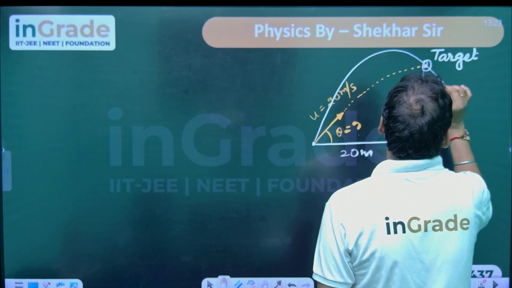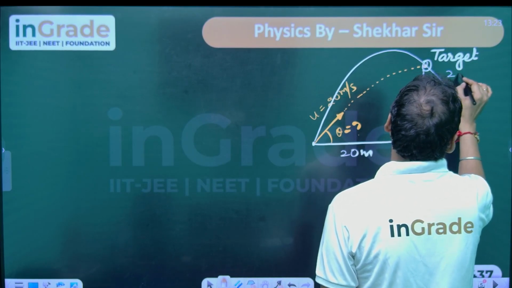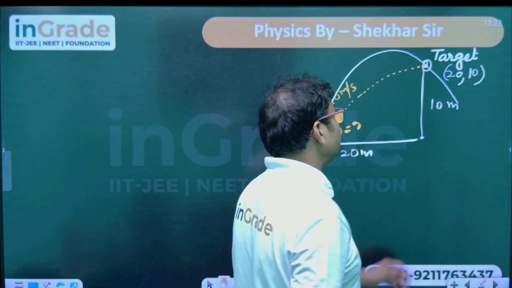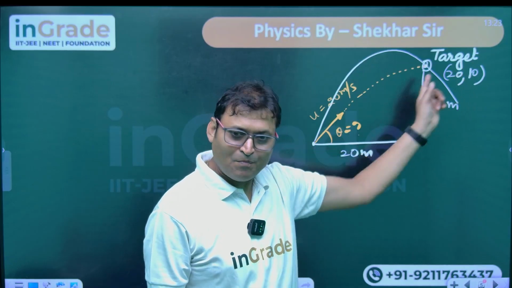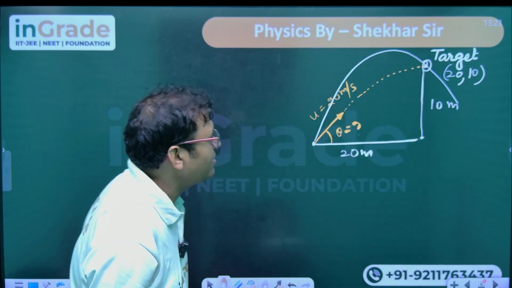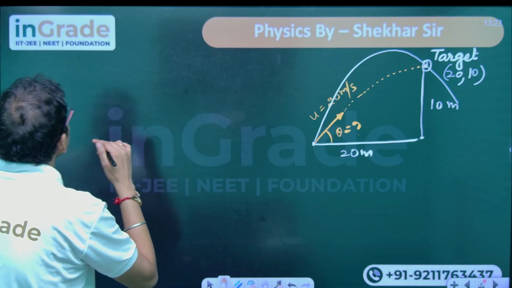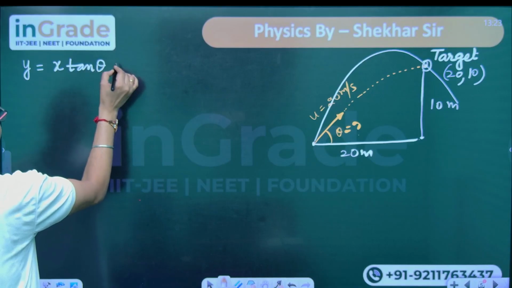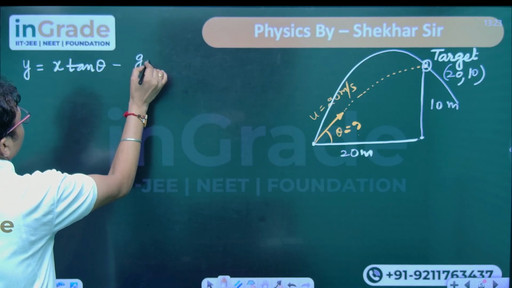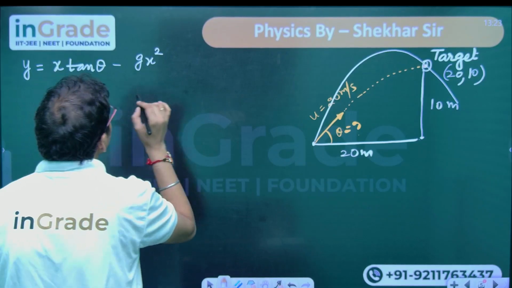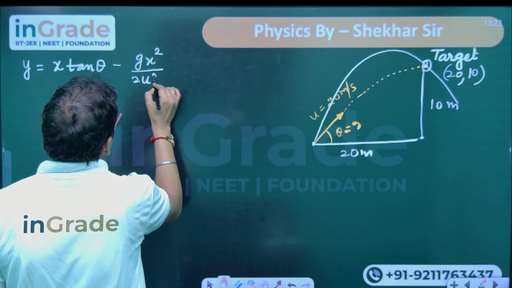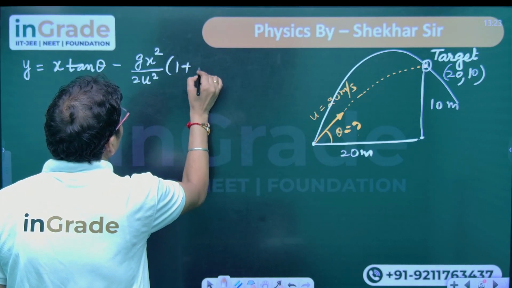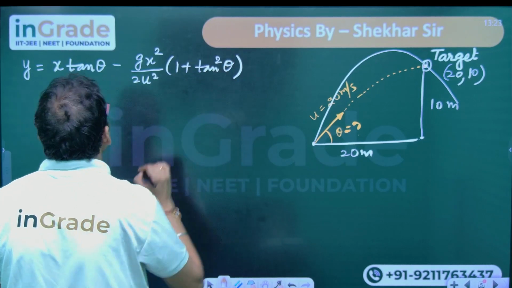Can we call this point to have the x coordinate as 20 and y coordinate as 10? This point (20, 10) must lie on the equation of the projectile motion. And what is the equation of the projectile motion? We know y is equal to x tan theta minus g x square upon 2u square (1 plus tan square theta), isn't it?